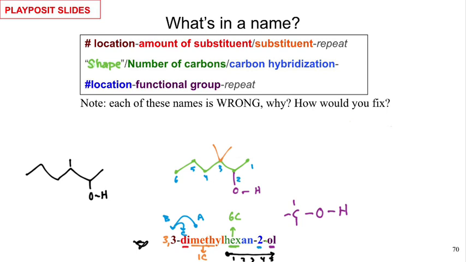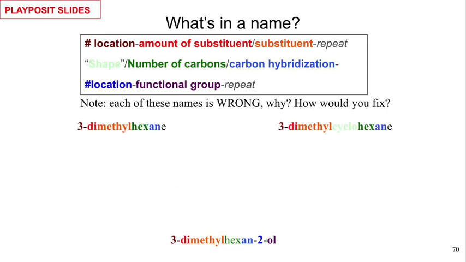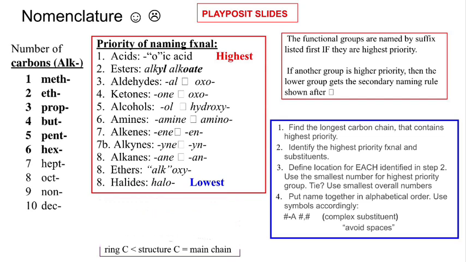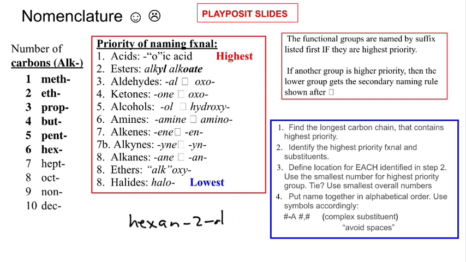Okay. What I want to backtrack through real quickly is Katie's comment about the functional groups. So, if we process out, and since we aren't looking at a cyclo, I can delete the cyclo thing down here. We had hexane-2-ol.